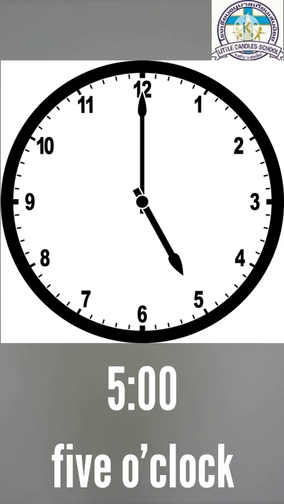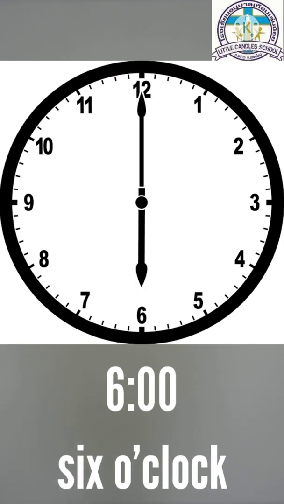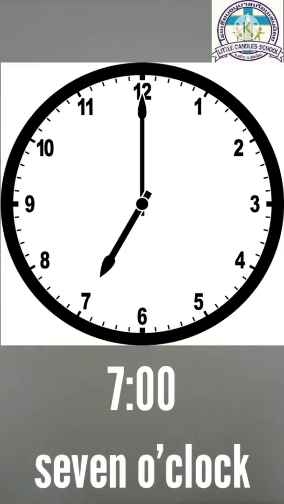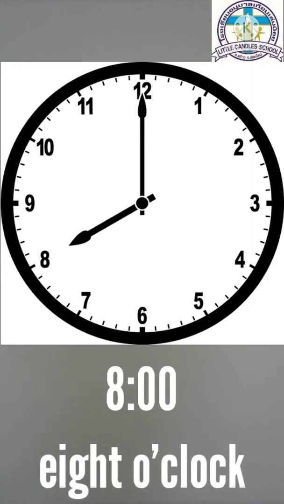5 o'clock. 6 o'clock. The short hand is pointing to number 6 and the long hand is pointing to number 12. 6 o'clock. 7 o'clock. The short hand is pointing to number 7 and the long hand is pointing to number 12. 7 o'clock. 8 o'clock.